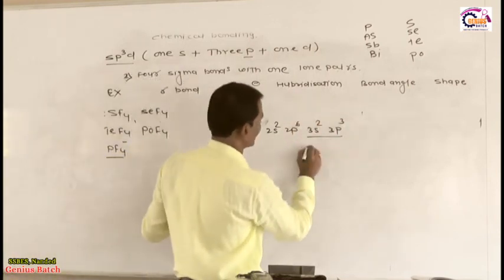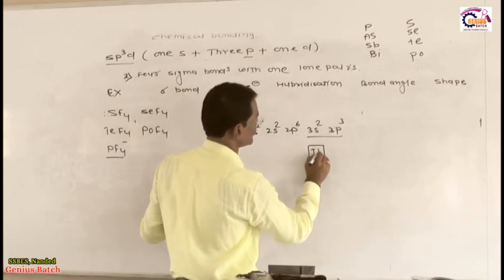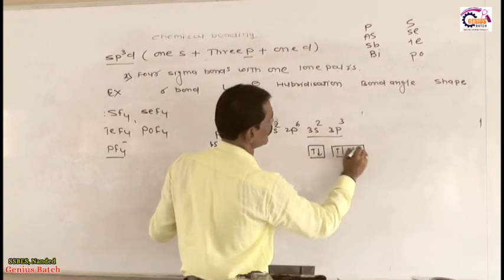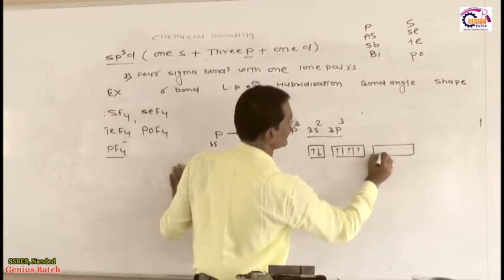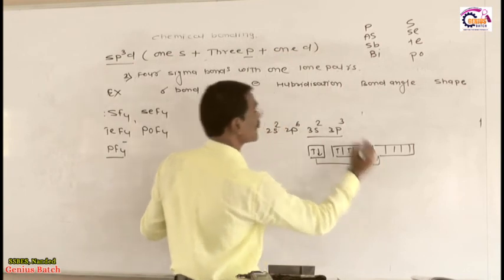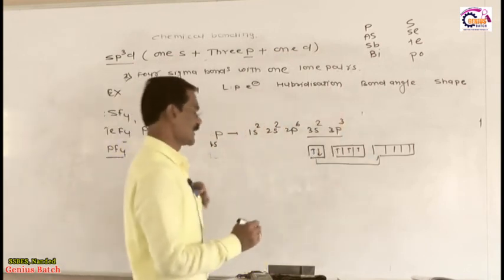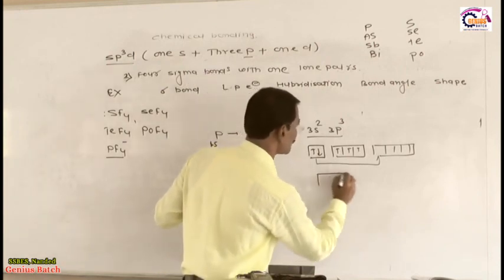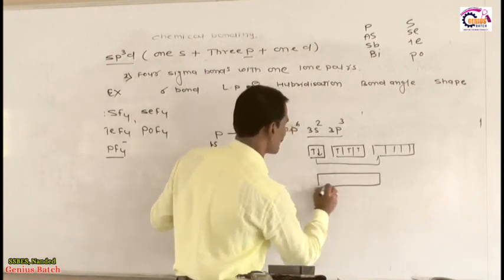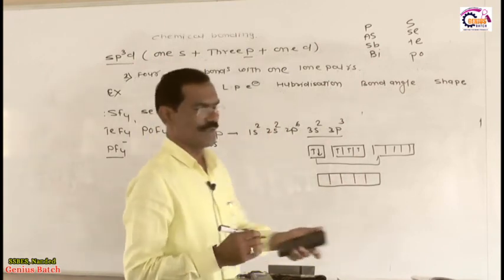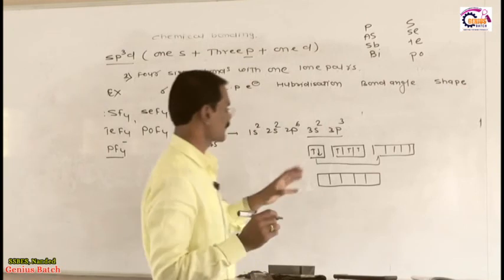Now in the ground state, what happened here? This is 3s2 and this is 3p3, and in the ground state 3d is empty. So mixing of 1s, 3 p and 1d orbitals takes place. Listen very carefully: in this mixing we get 5 orbitals.